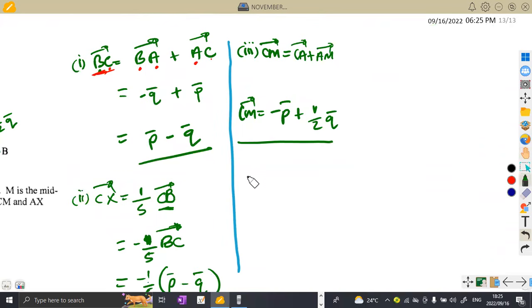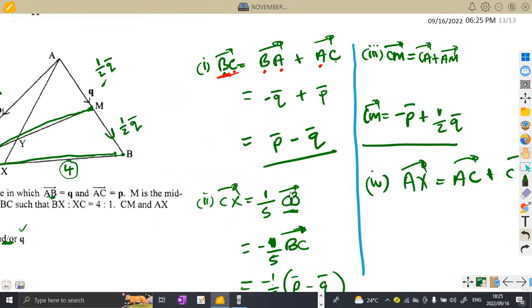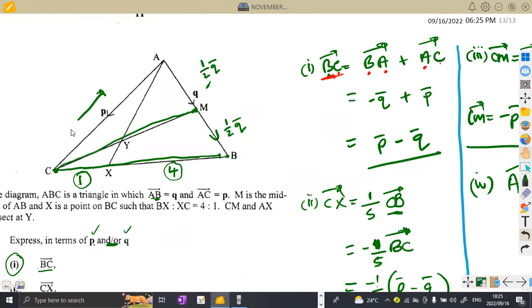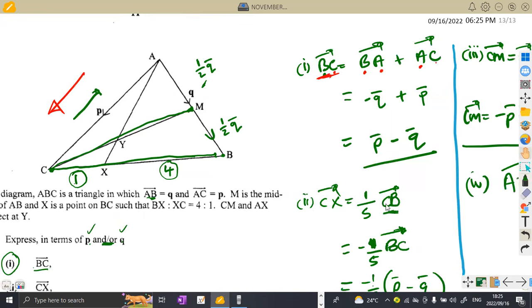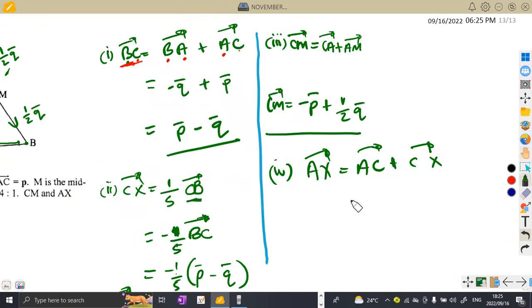Okay, so this is item 4. So you said vector AX is going to be A to C plus C to X. All right, whereby vector AC is A to C. Here we are maintaining the arrow because we're now going this direction. We are maintaining, so it's vector P. All right, which is positive, so that's vector P plus CX.